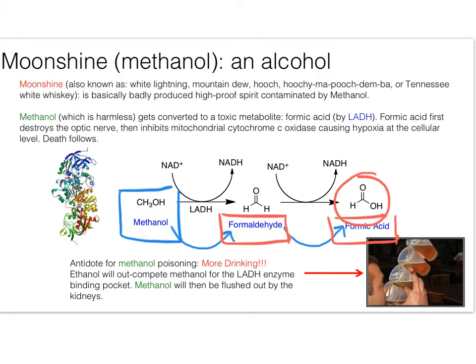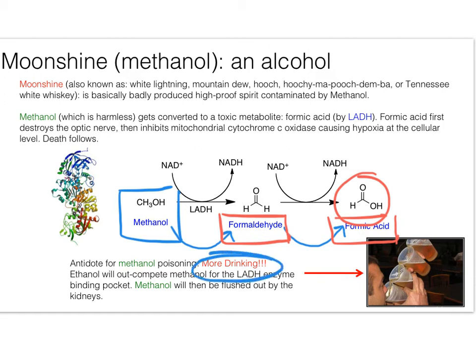And so, one might ask, what if you were to accidentally drink methanol? What would you want to do? Because the problem, of course, is not the methanol. The problem is the enzyme in your liver, which is chemically transmuting this methanol into something more toxic. Well, actually, the antidote for methanol poisoning is more drinking.